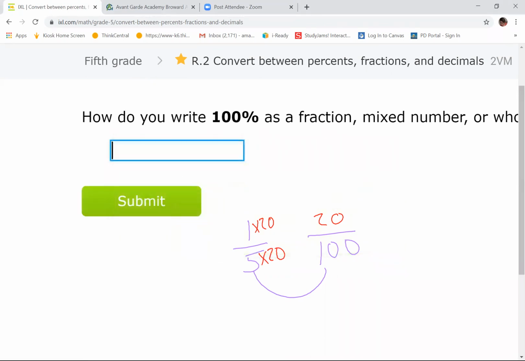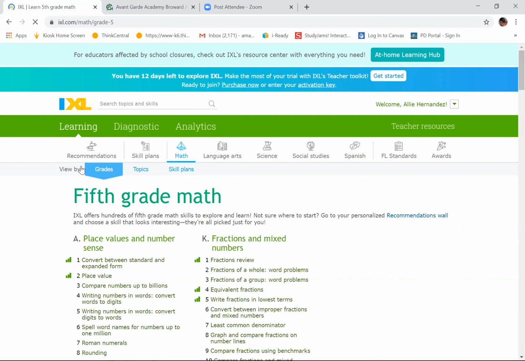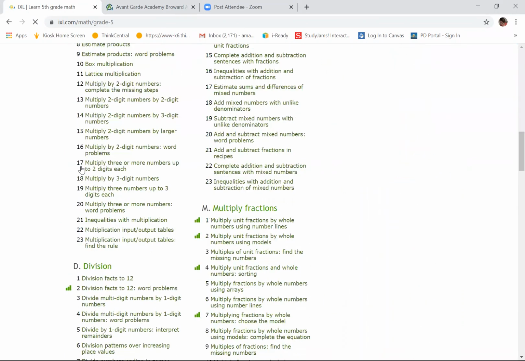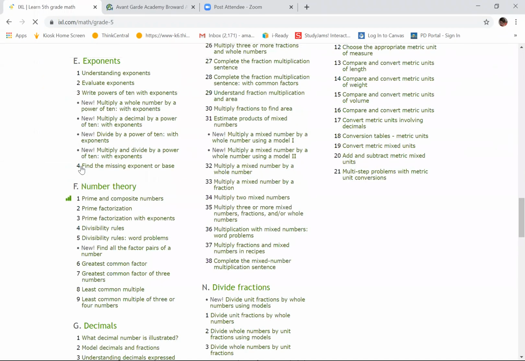Awesome. Okay. Let me clear my drawings. All right, my loves. So what you have here is an opportunity to practice converting between percents, fractions, and decimals. Go ahead and practice and get some points in there. And you can also do some more.